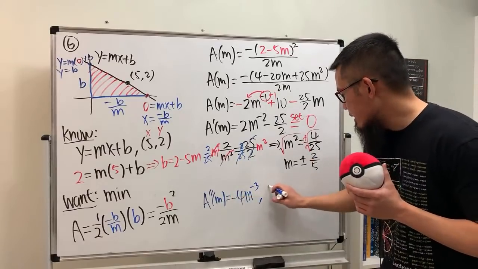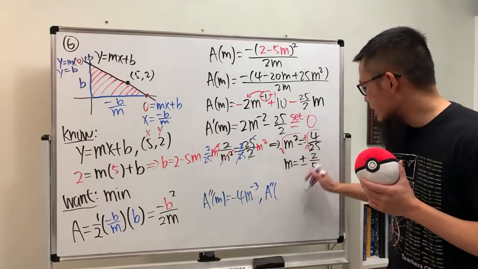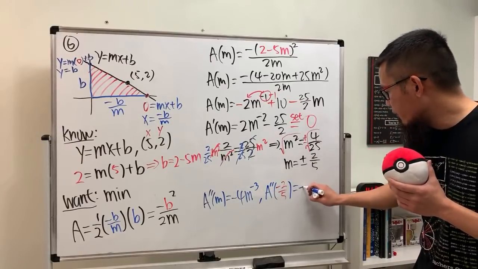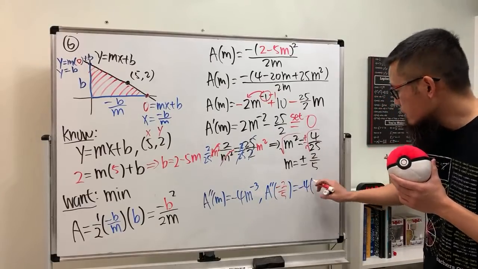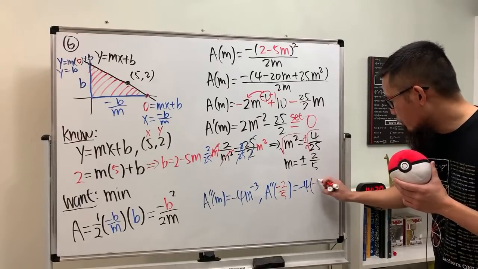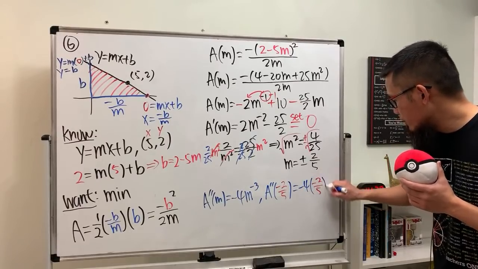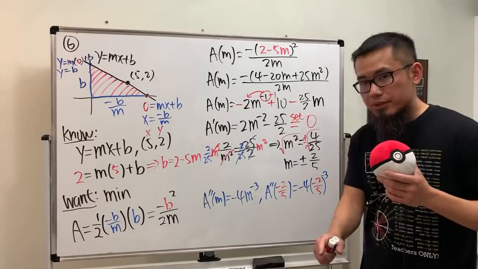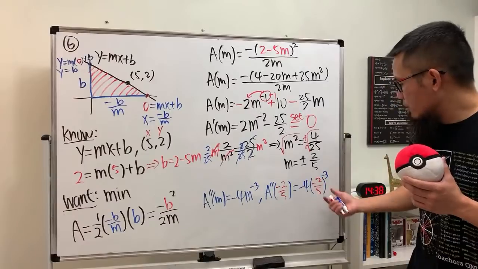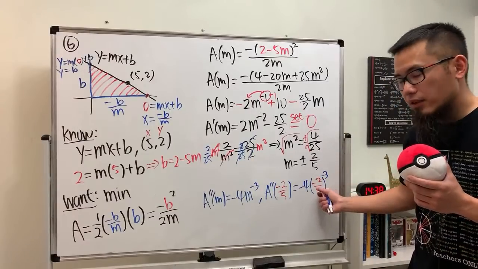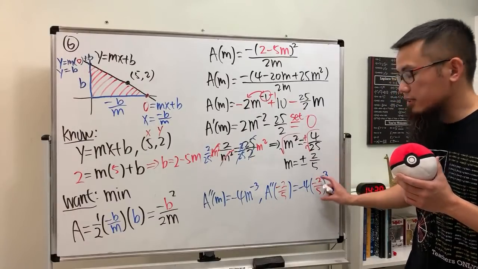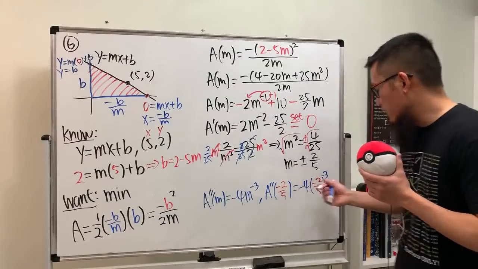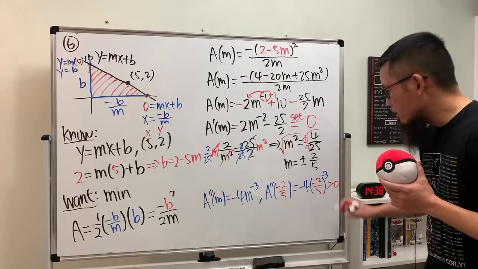And then you will see that a double prime at negative 2 over 5 is going to be negative 4 times negative 2 over 5 to the negative third power. Check this out. This inside is negative, raised to a negative third power, this is going to be negative, times another negative 4. Altogether, we get positive. So this right here is positive.